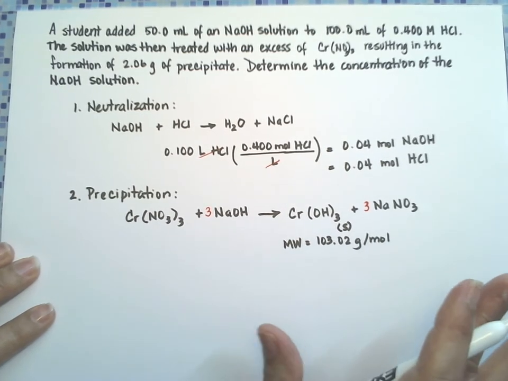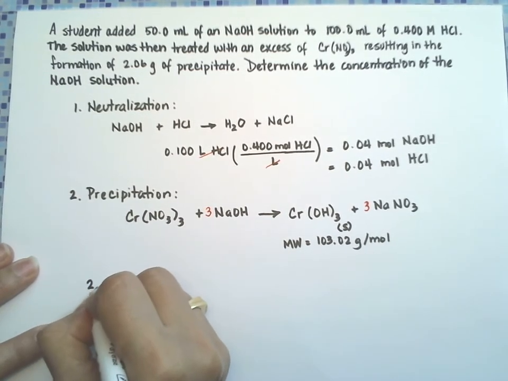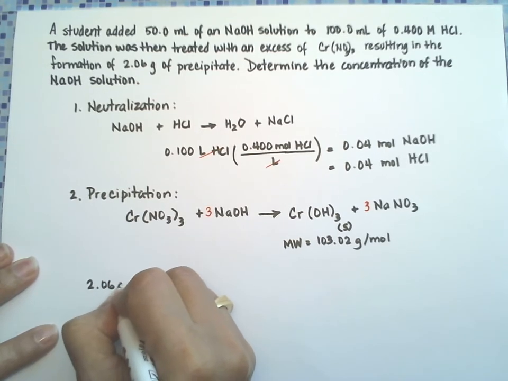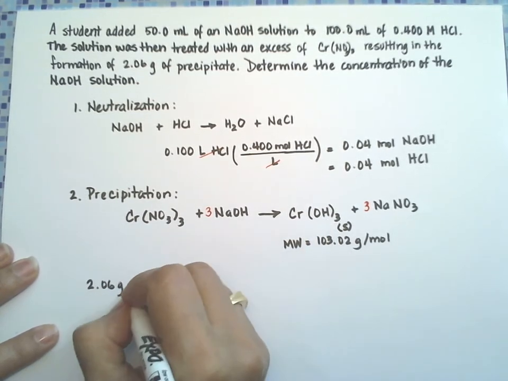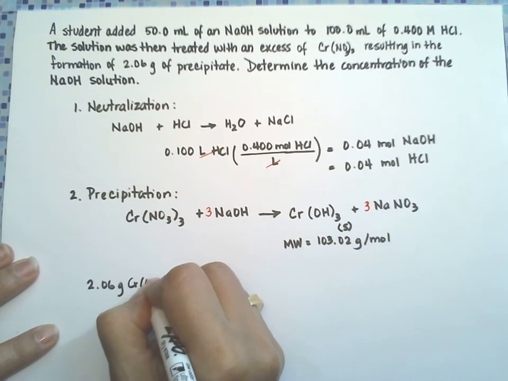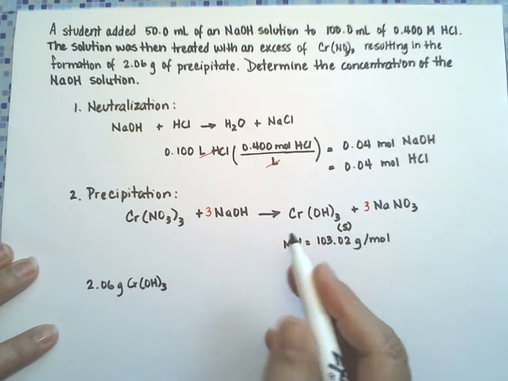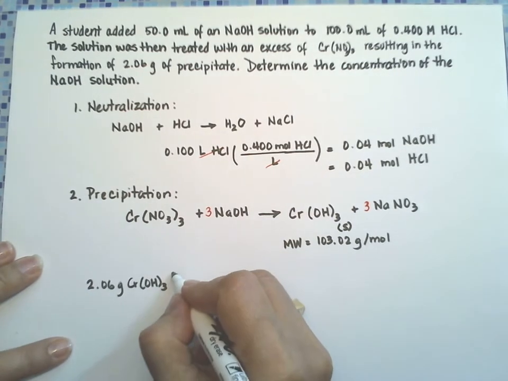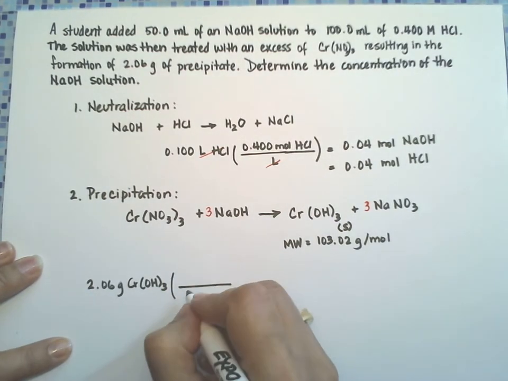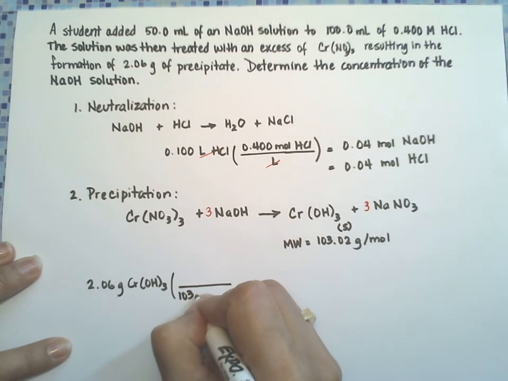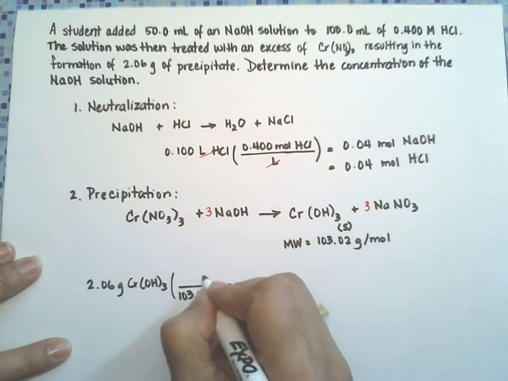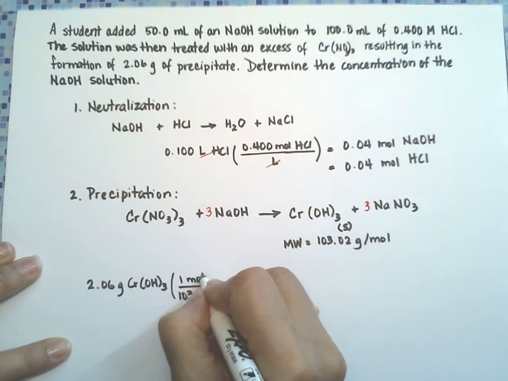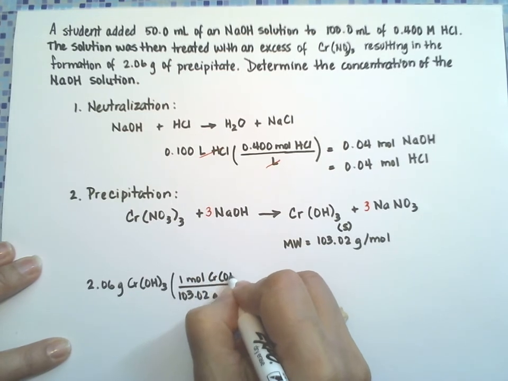So we're ready to do this. Let's start with the 2.06 grams. We know that it's chromium hydroxide. We know the molecular weight. So let's convert the grams to moles. So 103.02 grams is 1 mole of chromium hydroxide.